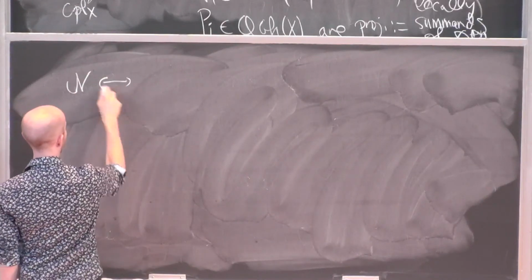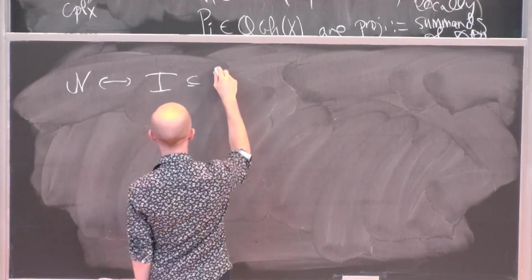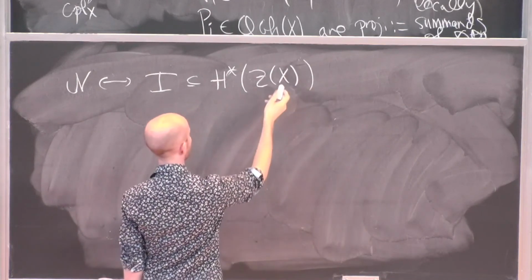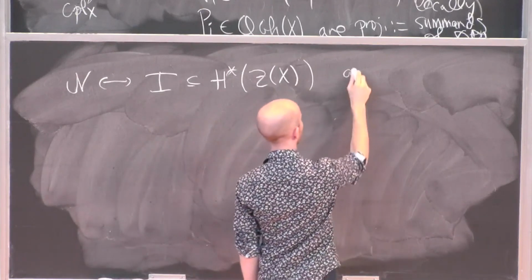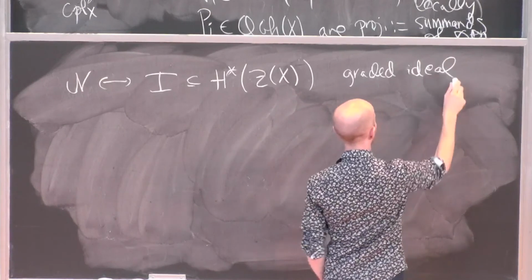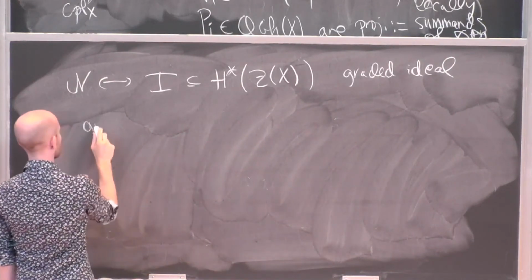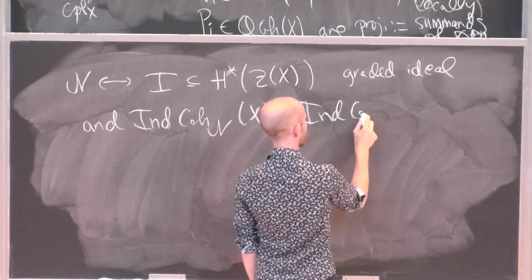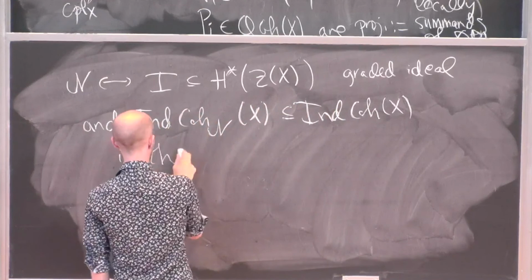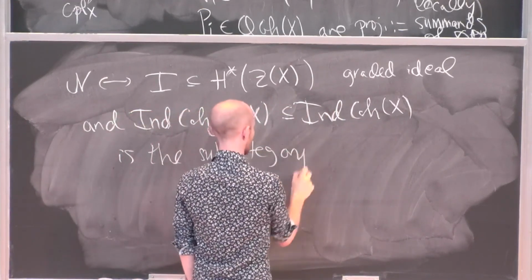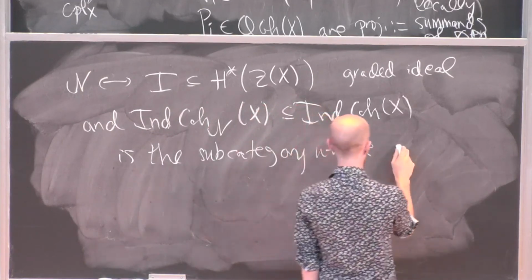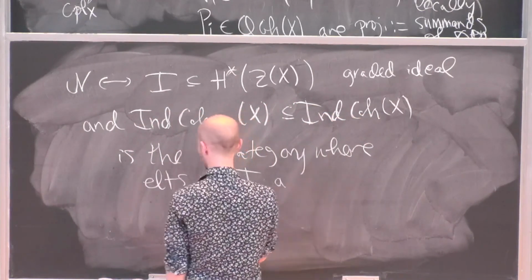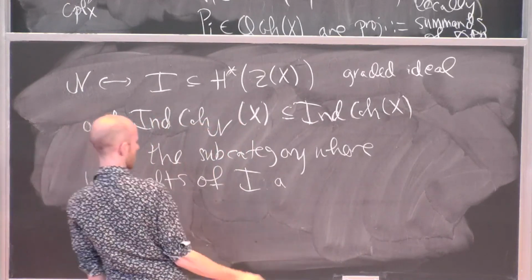My N gives rise to a graded ideal I inside of the Hochschild cohomology of X, HH of X. Again, IndCoh_N of X is the subcategory where the elements of I, certainly homogeneous elements of I, act locally nilpotently.